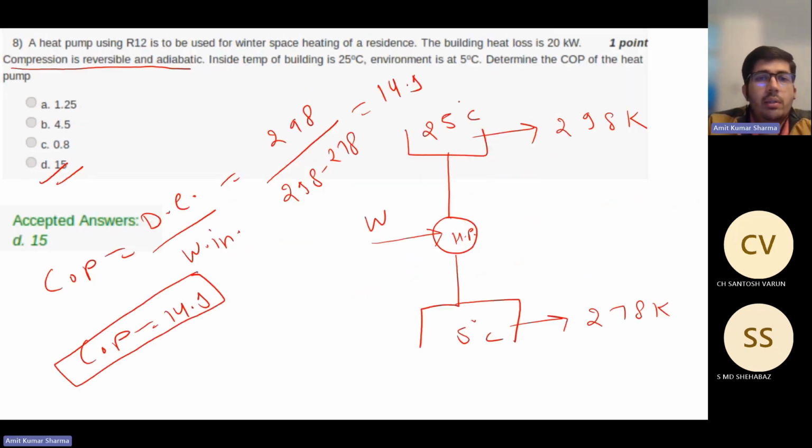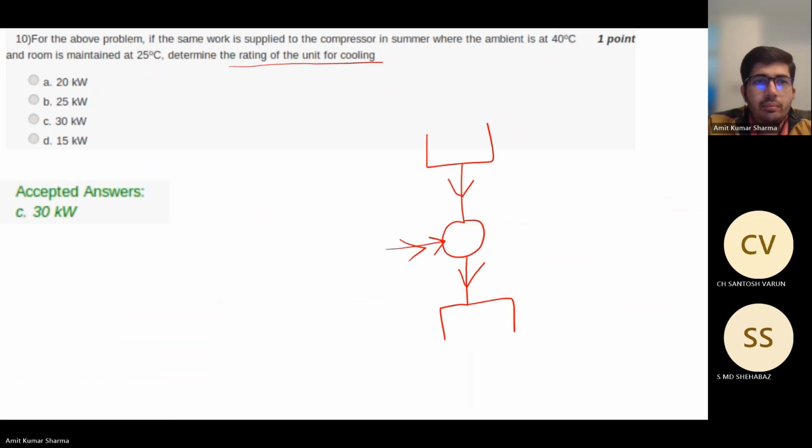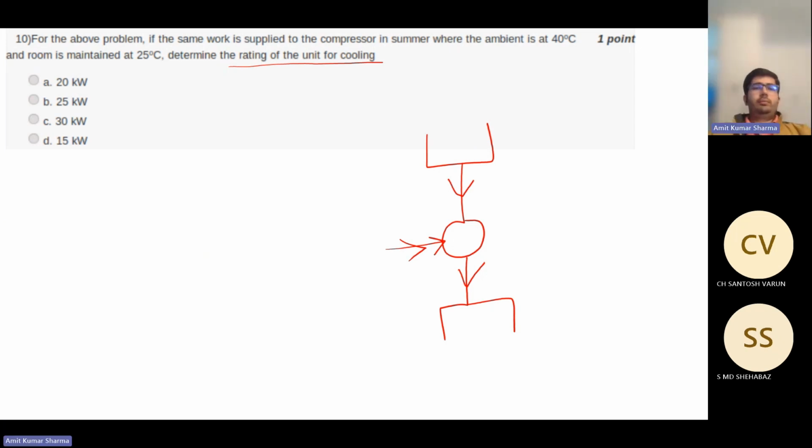For the previous conditions, it will be 25 and 5. Any answer?